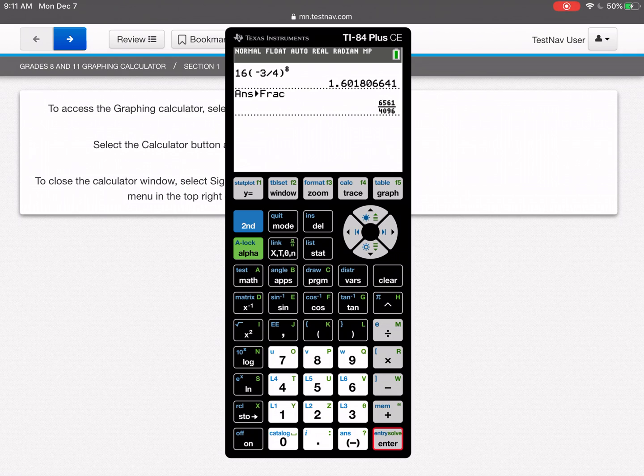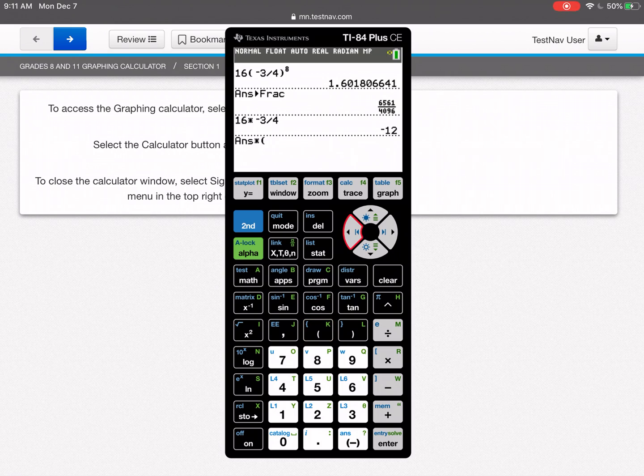Now, some of you will have issues with that, and so what you want to do is take all of your values and just multiply them. So you're going to start with 16, and you're going to go times negative 3 divided by 4. I got negative 12. Then I multiply by negative 3 divided by 4 again. I should really probably put that in parentheses.